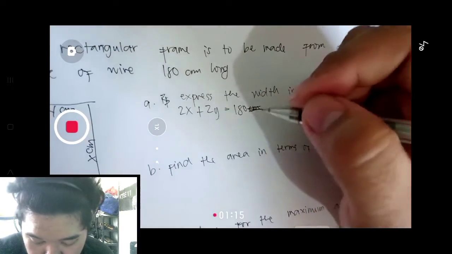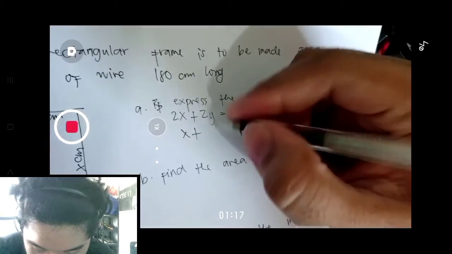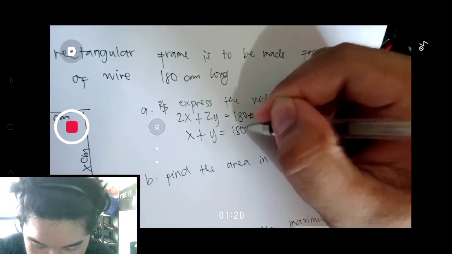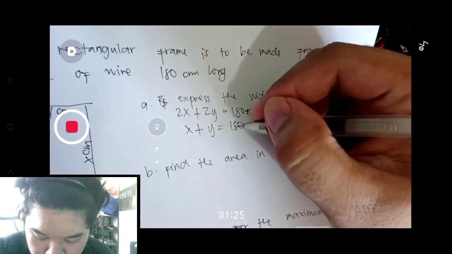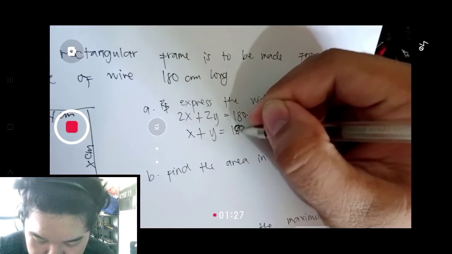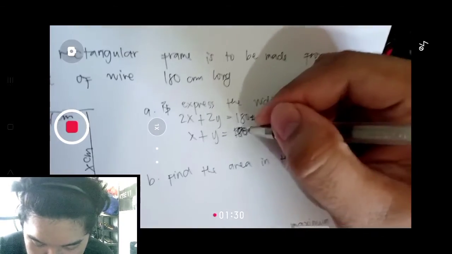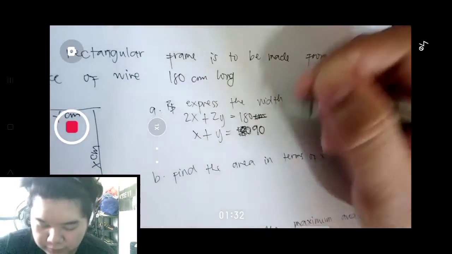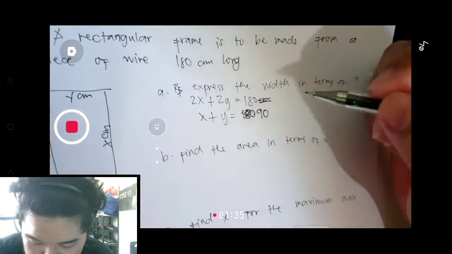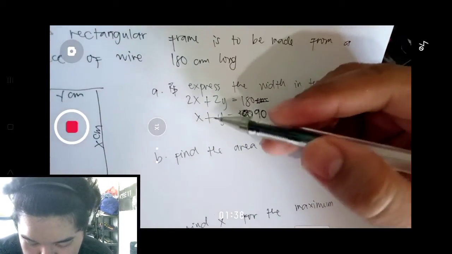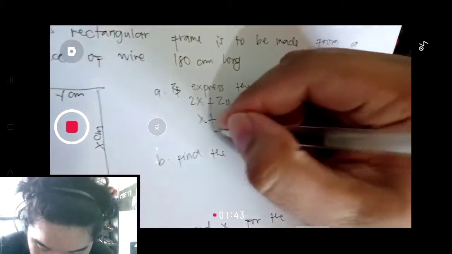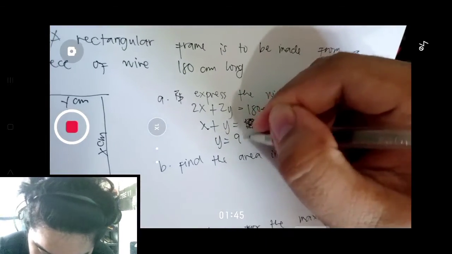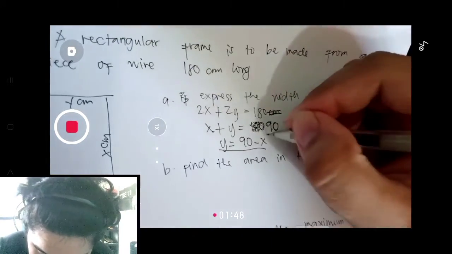So divide natin ng 2 itong equation na to, magiging x plus y equals to 90. Diba? So to express the width in terms of x, we should move the x into the right side. So y is equals to 90 minus x. So this is how you express your width in terms of x.